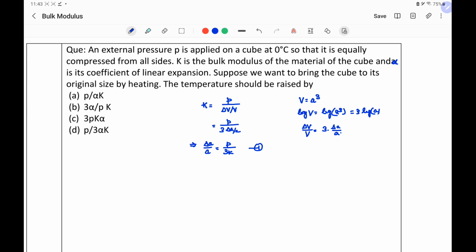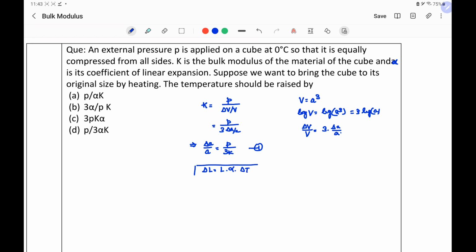And to get the same length, we have to increase the temperature, and from the formula, change in length delta L is equal to original length into coefficient of linear expansion and temperature change.